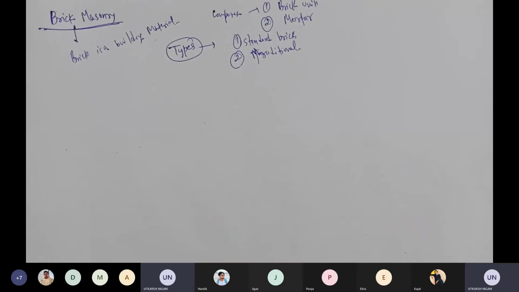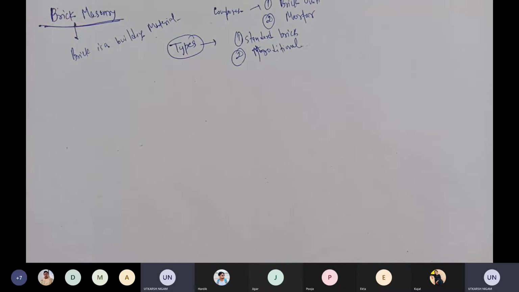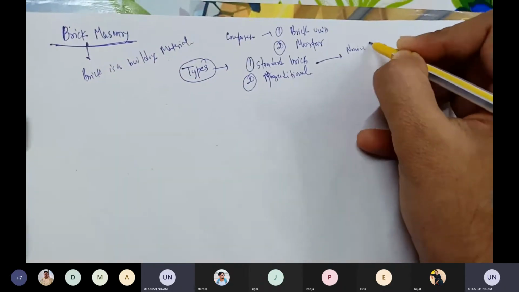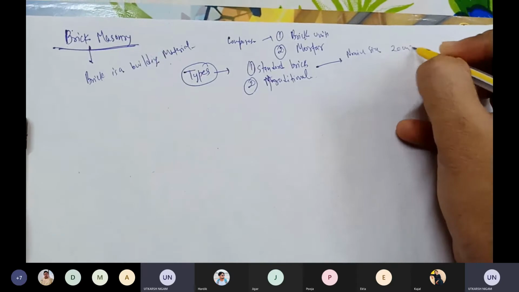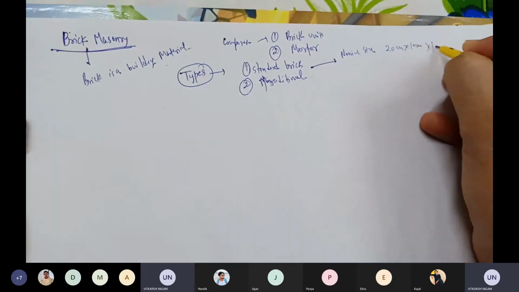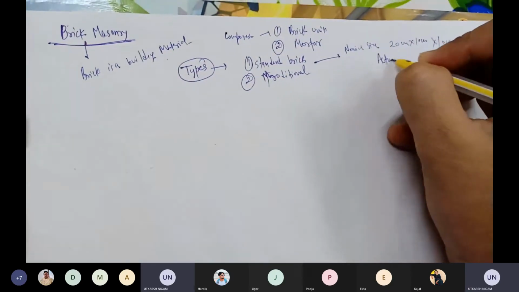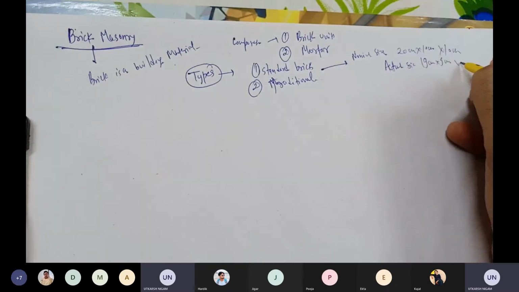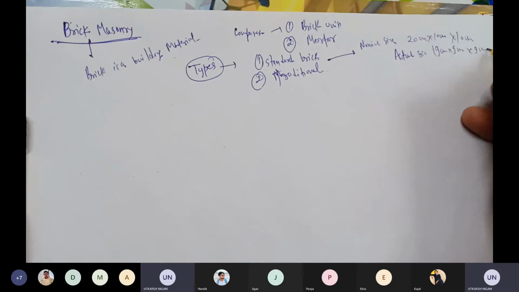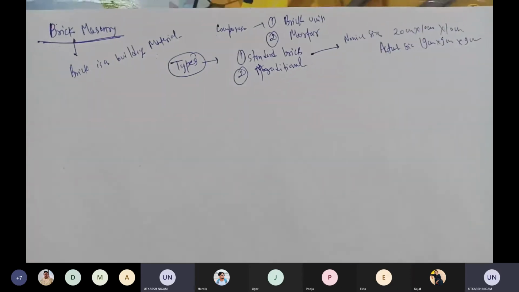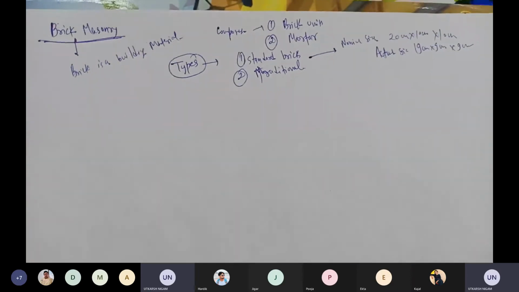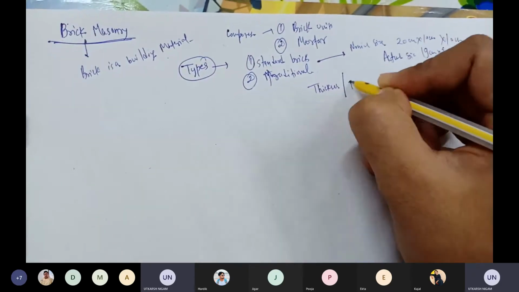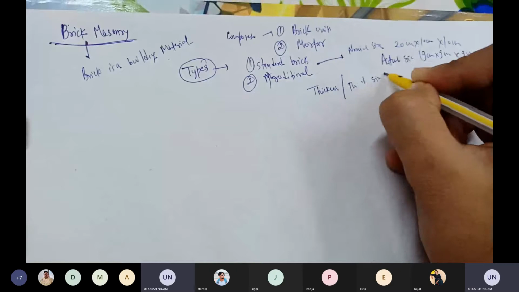The nominal size of the standard modular brick is 20 centimeter by 10 centimeter by 10 centimeter, and its actual size is 19 by 9 by 9. You already know that, so we will not discuss it. The thickness of a wall is always designated by the size of the brick.